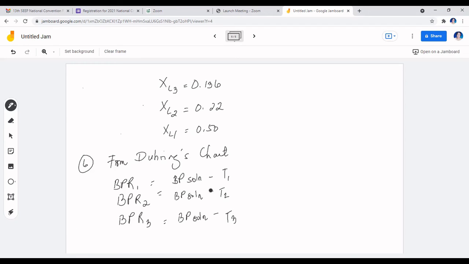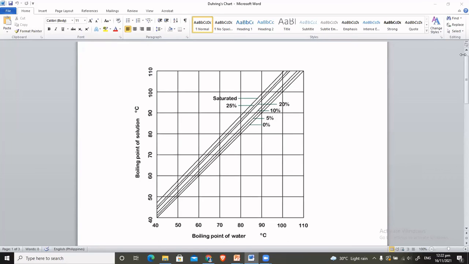So what will you use in this case? I have here, I will share to you, a picture of the Duhring's chart. I'm sure you have seen this as well. I'll share a new one. Where is it? Oh, here. Where you're going to read the boiling point.